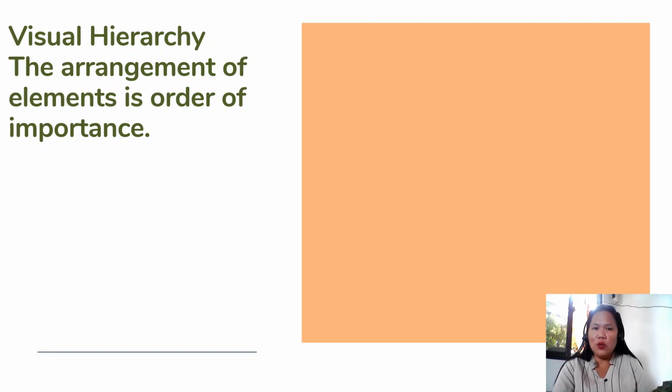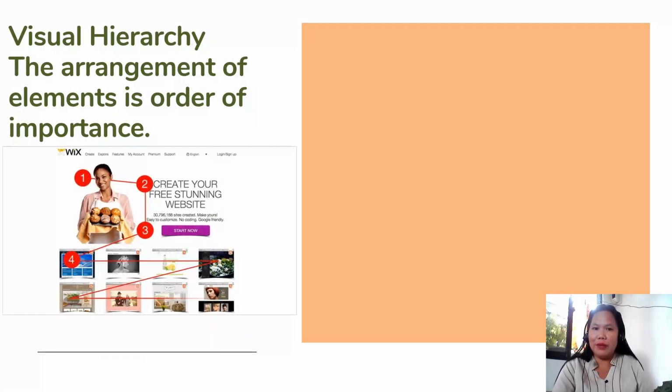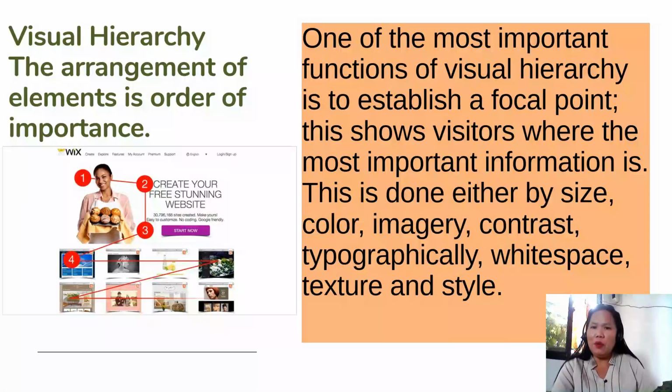Next is visual hierarchy, the arrangement of elements in order of importance. One of the most important functions of visual hierarchy is to establish a focal point. This shows visitors where the most important information is.